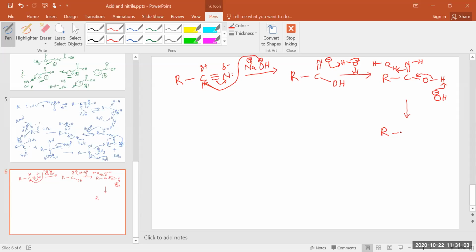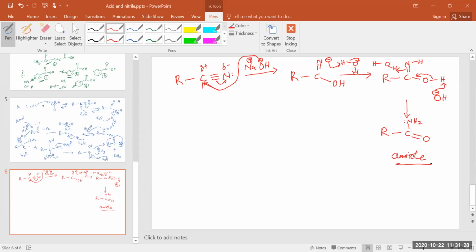So what will be the product? The product will be, here now you will have NH2, and you will have a double bond. Okay, do you see this? You guys can see this is an amide intermediate.